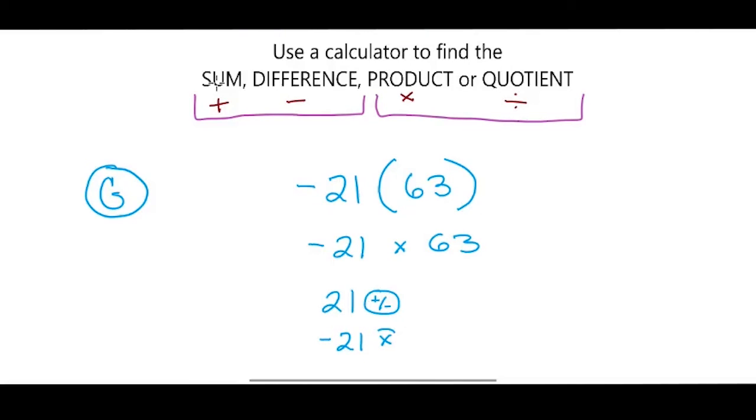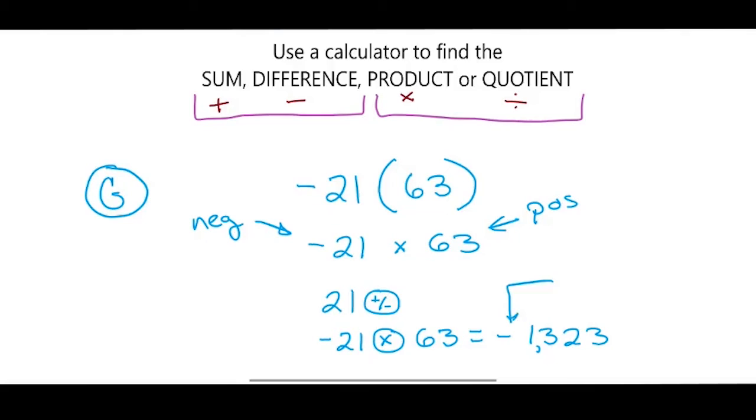And then I'll hit the times button, 63, equals negative 1,323. Notice that the 63 is positive while the 21 is negative. And since they have different signs, our answer is negative. So the final answer here is negative 1,323.